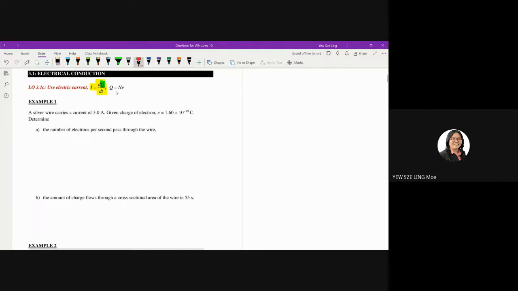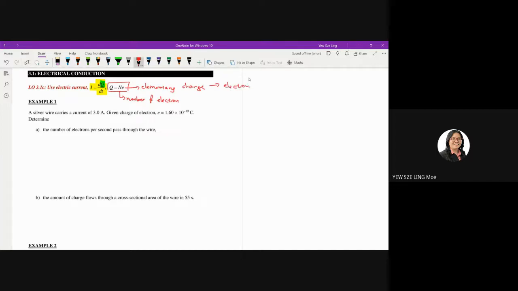Therefore, Q can be calculated by using Q equals N e, where N represents the number of electrons, and e, once again, is our elementary charge. If you look at the list of constants, it is the elementary charge, but in chapter 3 this elementary charge also represents our electron.